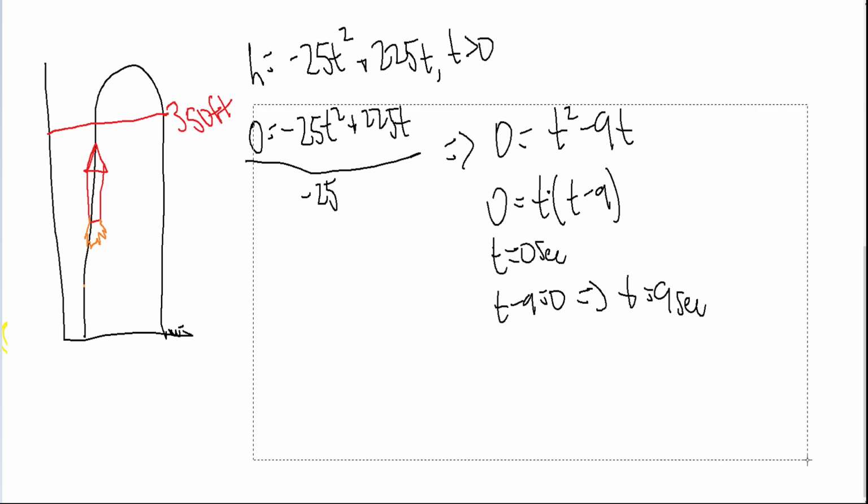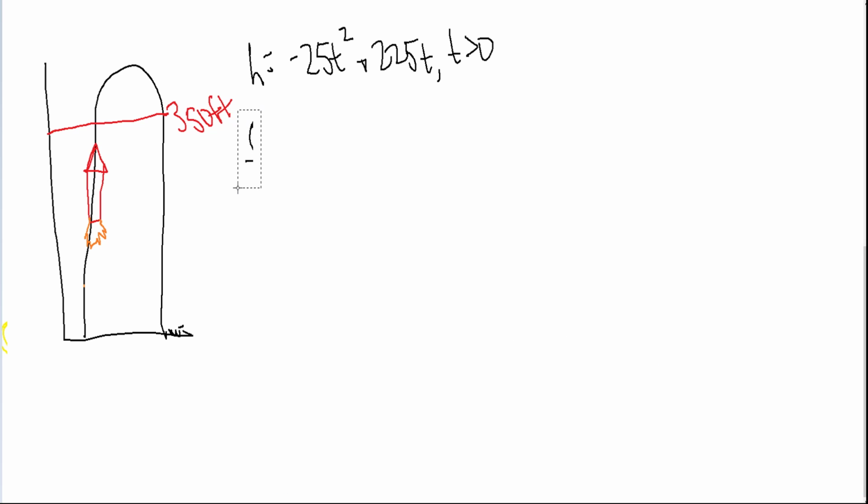Okay, and so the last bit there is finding the max height. So we have to remember that since we're dealing with a rocket, it may be obvious that the max occurs at the top here, and that the parabola opens down.